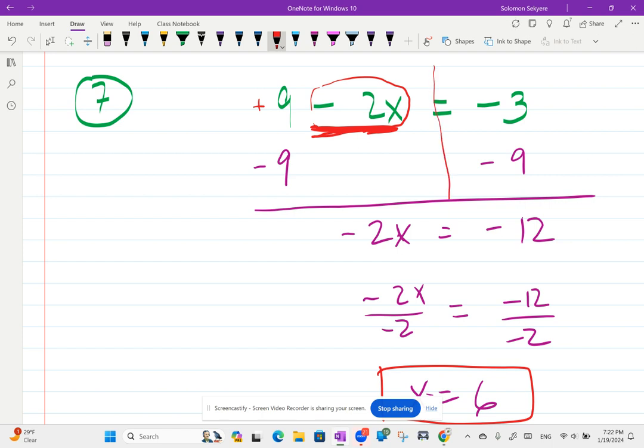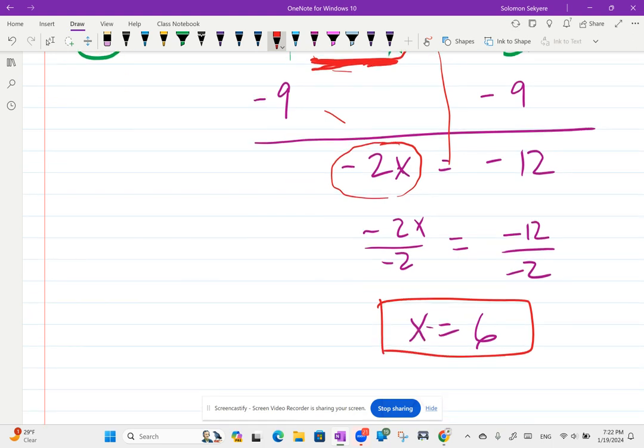When I subtract 9 from both sides, on the left side, what's left? Be very careful here. This is where a lot of students make mistakes. I have negative 2x left. So negative 2x is equal to negative 3 minus 9, which equals negative 12. How do I get my variable? I divide both sides by the coefficient of my variable.